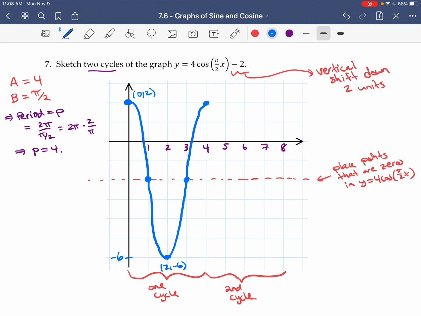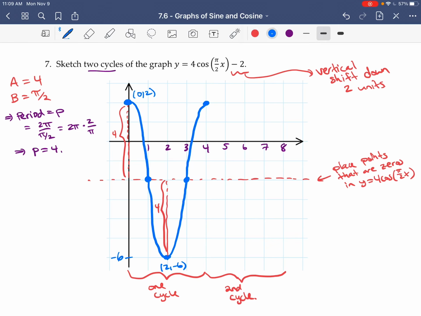Because it was vertically shifted, that's why we had to move the middle of the graph. Again, this distance here is my A. That's 4, and this is 4, because the amplitude is 4. From the middle, which gets shifted vertically here, we want to be 4 above and below for the highs and the lows.